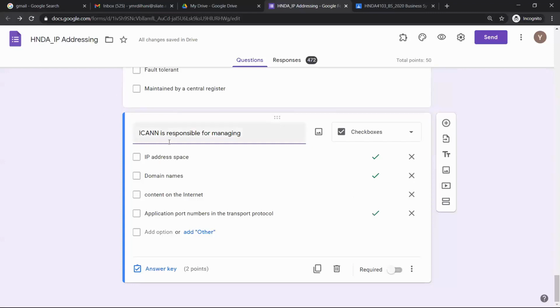This organization is responsible for managing the IP address space and domain names, and the protocols, port numbers, all those things are defined by these people, right? ICANN. So if you search the internet, you will find more detail about this organization, and this is the one who will control all this when you connect to the internet.